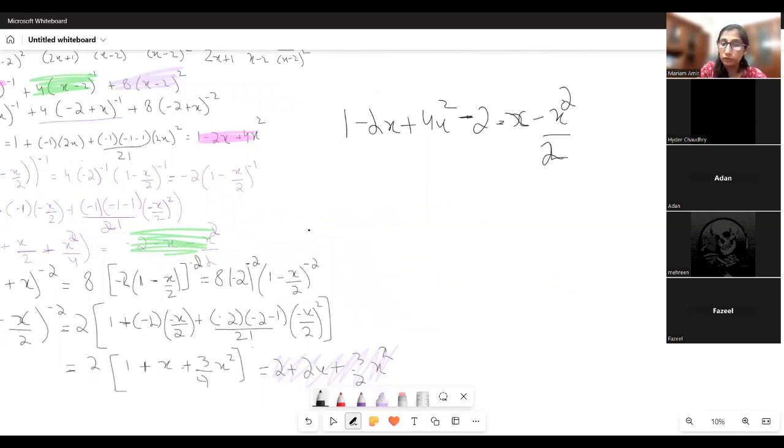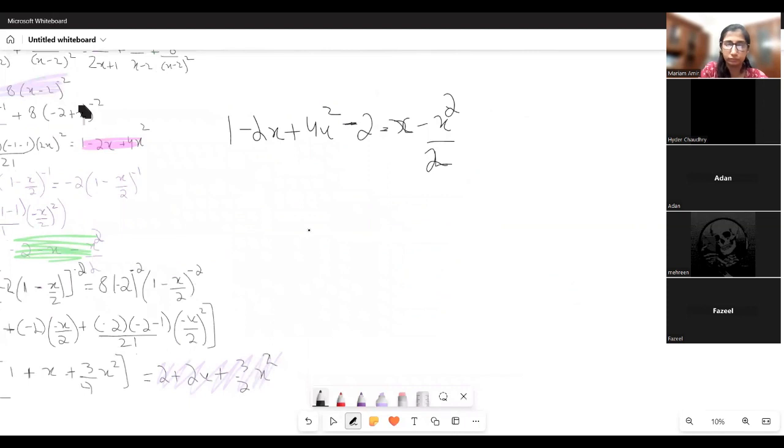And then 2 plus 2x plus 3 by 2x square. Let me confirm: 1 minus 2x plus 4x square minus 2 minus x square over 2, plus 2 plus 2x plus 3 over 2x square.